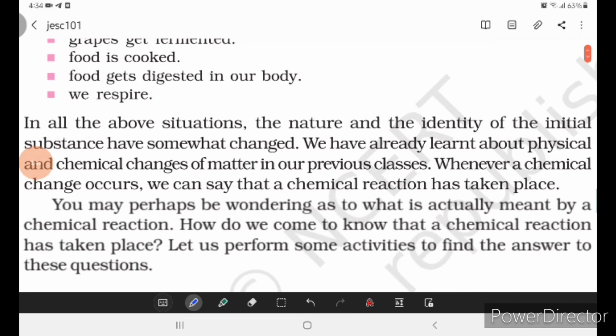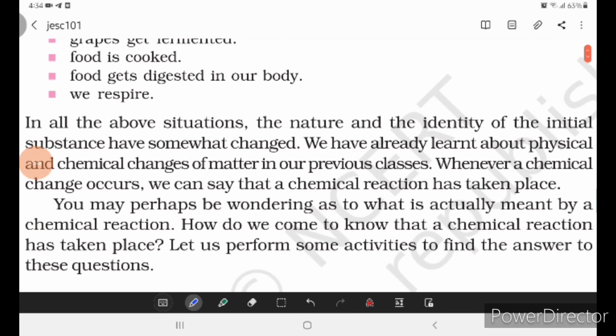In all the above situations, the nature and the identity of the initial substances have somewhat changed. We have already learnt about physical and chemical changes of matter in our previous classes. Whenever a chemical change occurs, we can say that a chemical reaction has taken place. So we know what a physical change and a chemical change are, right?